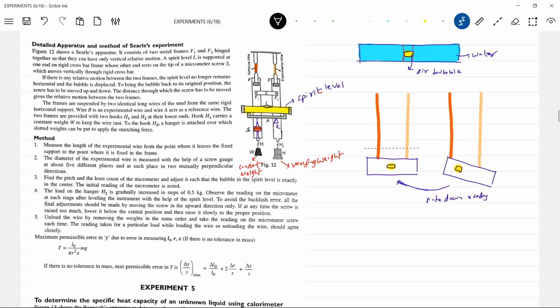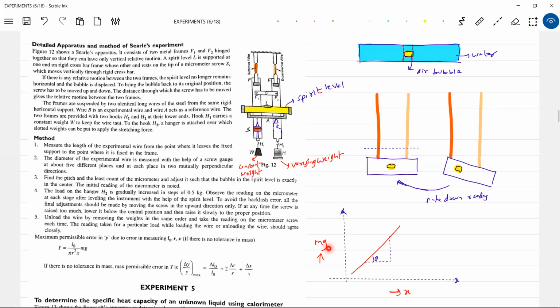The load, the graph will be, so we wanted this mg, this is elongation. Okay, fine. Now calculating the slope of this particular thing, what we get is tan theta.